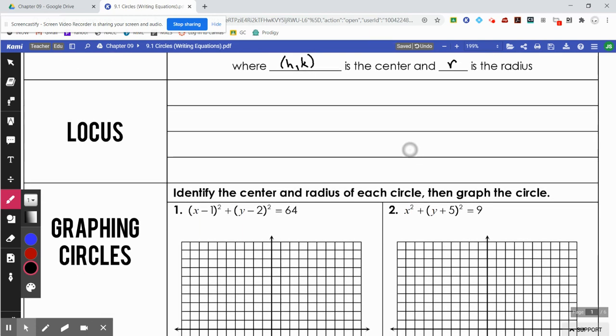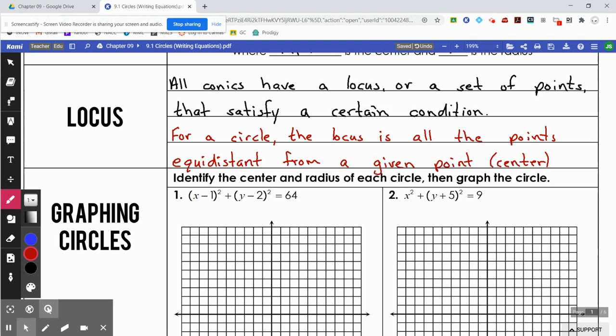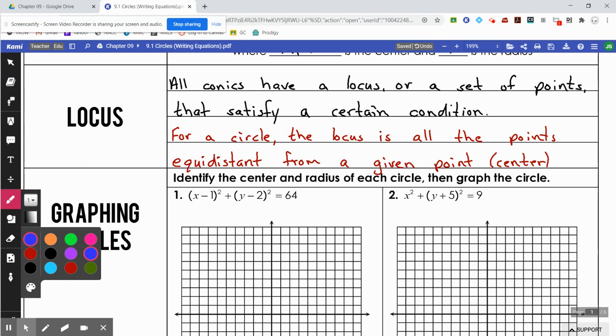So let's talk about what we mean by a locus of points. All conics have a locus. A locus is simply a group or a set of points. It's all these points, all this grouping of points, that satisfies a certain condition. And I went ahead and gave you the definition of a circle based on a locus.